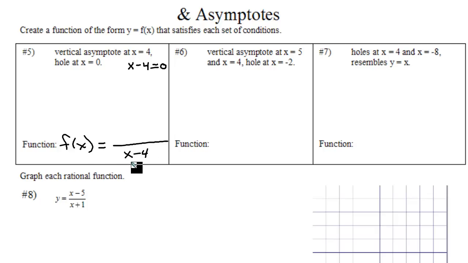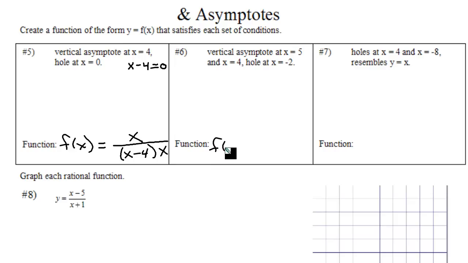So that's how you get vertical asymptotes. If you set x minus 4 equal to 0 and solve it, you get x equals 4. There's a hole at x equals 0. Holes happen when things are canceled from the top and the bottom. So an x had to be on the top and the bottom for those to cancel. Once they cancel, you set it equal to 0 and solve it to get your holes. Here's your function. You do not need to multiply it out.